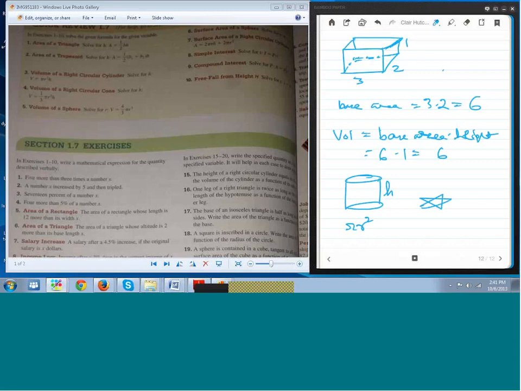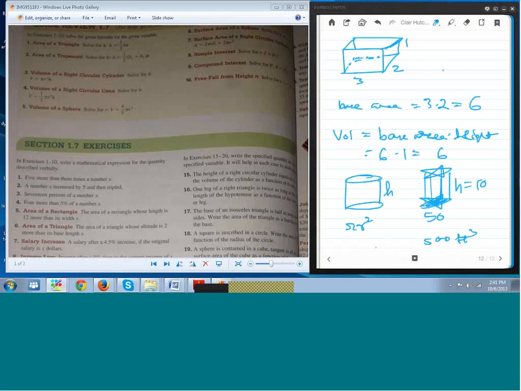If you have a star aquarium, all you have to do is get the area of the star. What is the area of the star? Let's say it's 50. Height is 10. So the volume of water in there is going to be 50 times 10, which is 500 cubic feet.